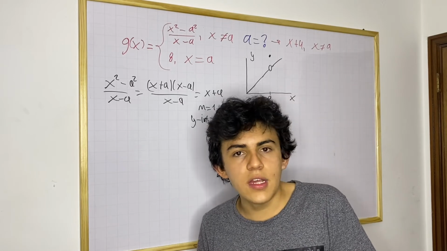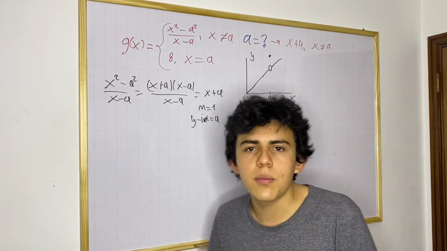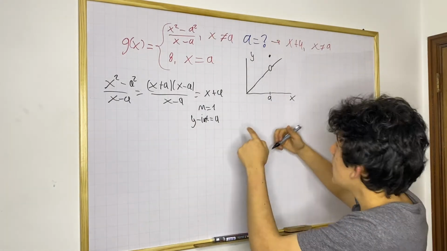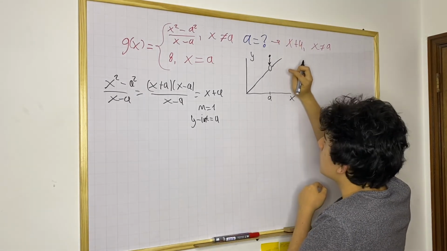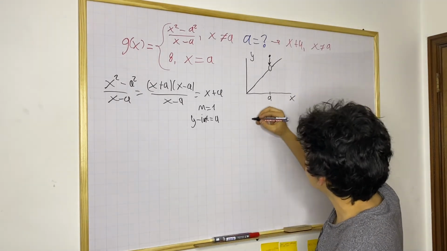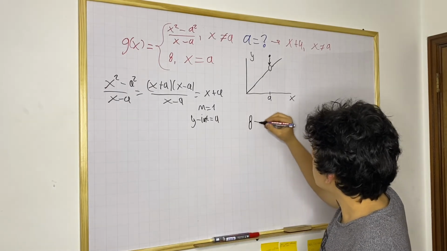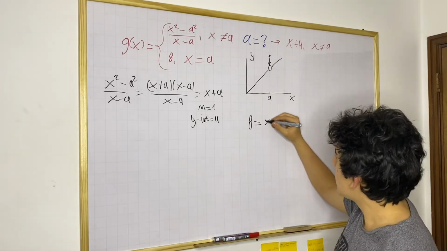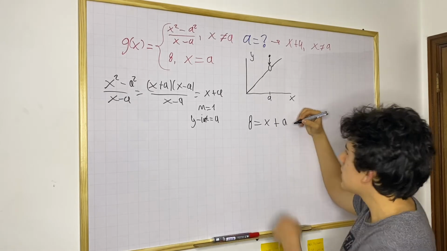And we can find the value when we only have one variable that we don't know. Now, what I'm trying to say is that we need to make this point go into this line. Now we can say that that point is equal to y equals 8, so 8 must be equal to the equation for that linear function. So we get x plus a.